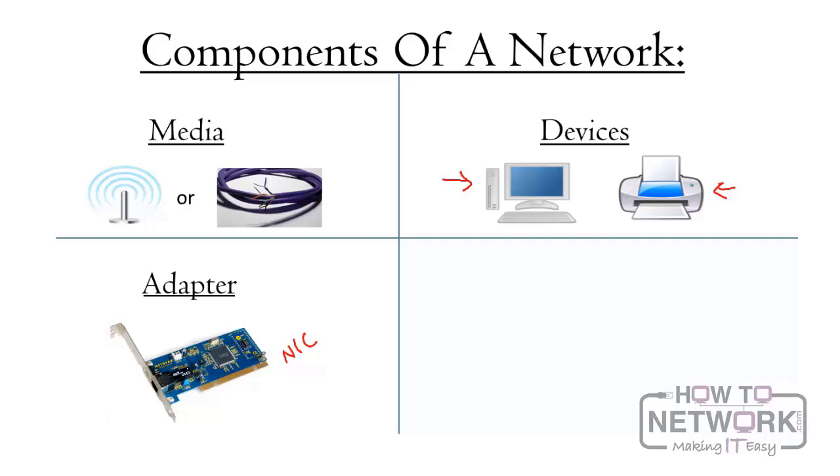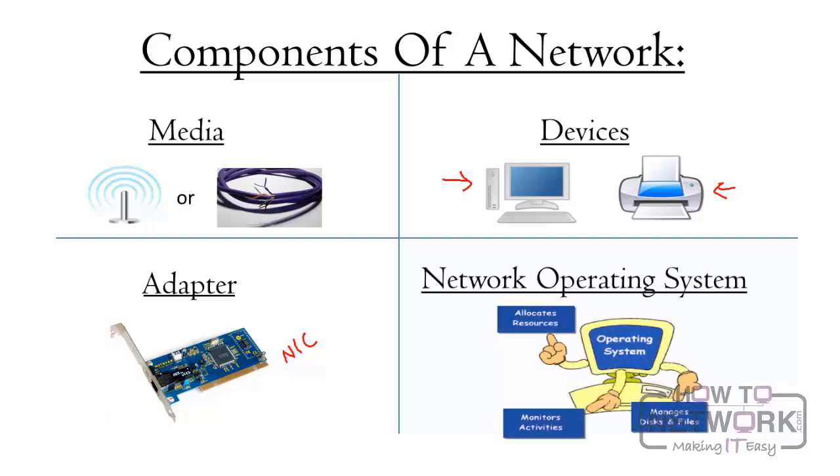So finally, to manage and govern how everything talks with everything else, the network needs an operating system, which is similar to the ringleader in a circus, if we can use a metaphor there. It tells the network how to work together in order to perform as efficiently as possible over the adapter, over the media, and with each of the devices.